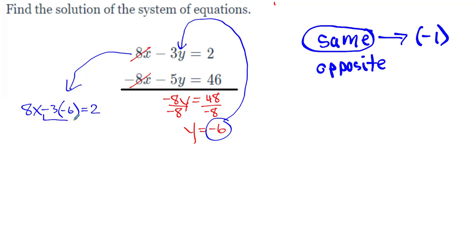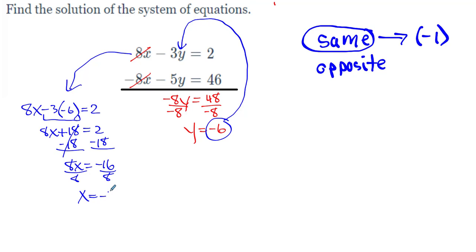I'm going to distribute here. -3 distributed to -6 results in 8x plus 18 is equal to 2. Then I'll subtract 18 on each side. That cancels. 8x is now equal to -16, and then finally divide by 8 on each side, and we find that x is -16 divided by 8, which is -2. So we have our final solution as an ordered pair: -2, comma, -6, and that's it.